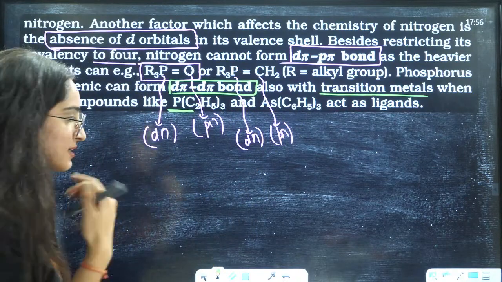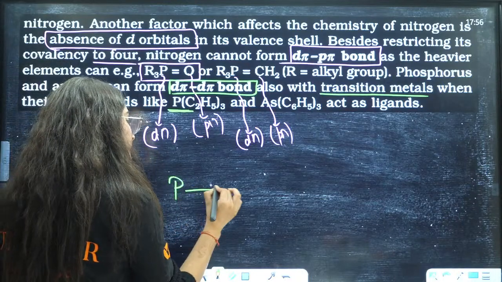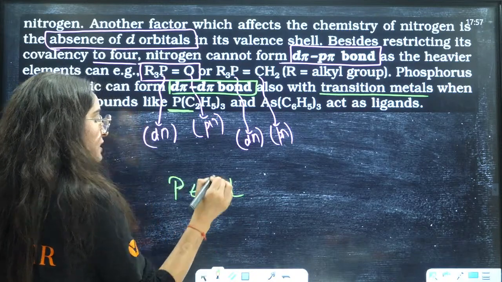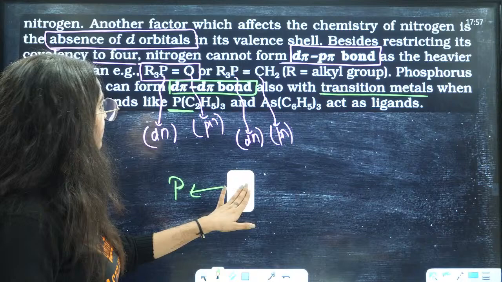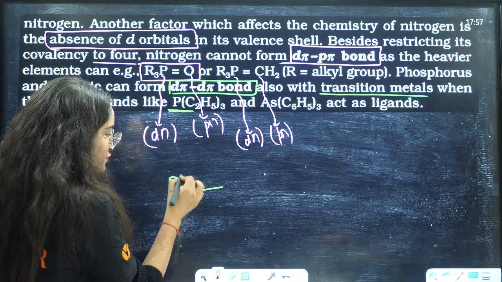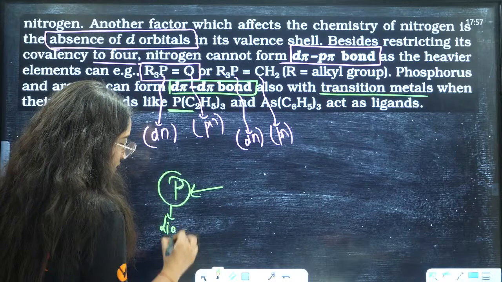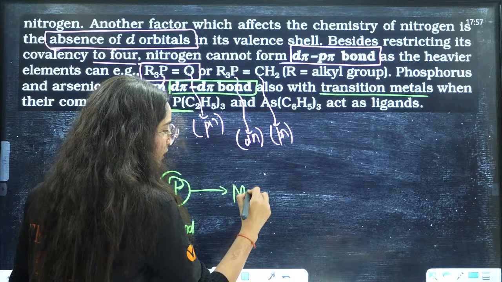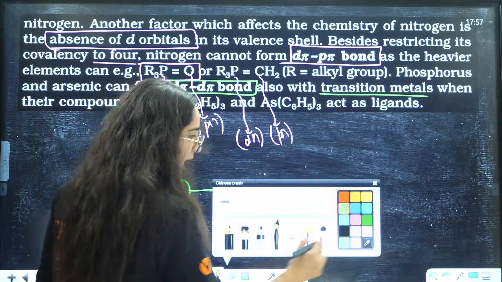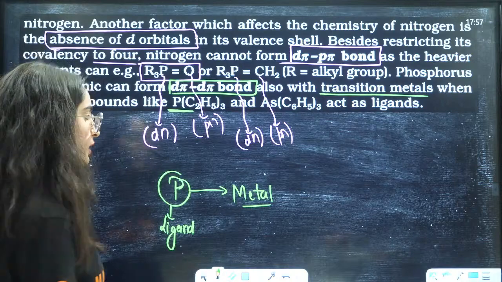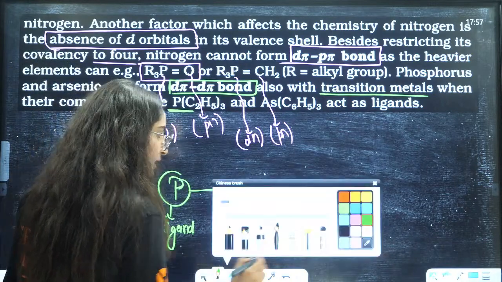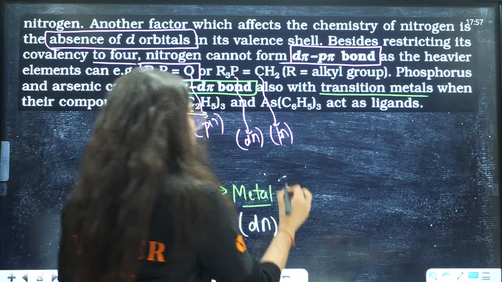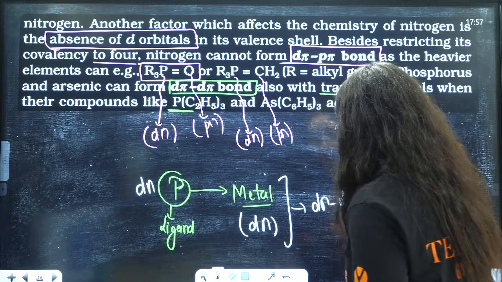When they act as a ligand, this phosphorus makes a bond with the metal, donating the electrons to the metal, and we know that whenever there is a coordination bond, the metal has d orbitals. Phosphorus also has d, so in this case it can form d pi.